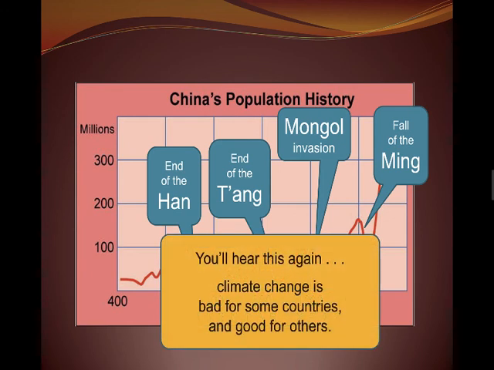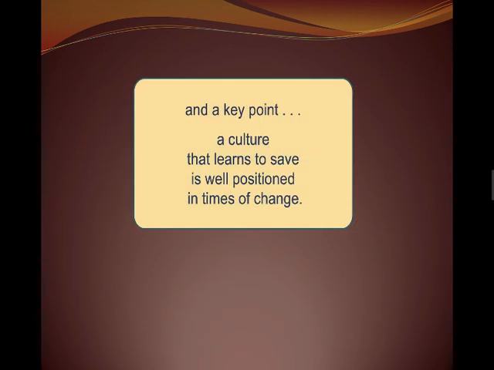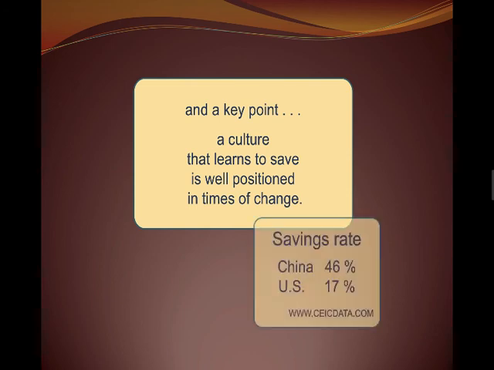You're going to hear this time and time again. Climate change in history has been bad for some countries and good for others. And a culture that learns to save is going to be well positioned in times of change. Right now, China people save on average 46% of their income for investment in things like roads, ports, ships, factories.